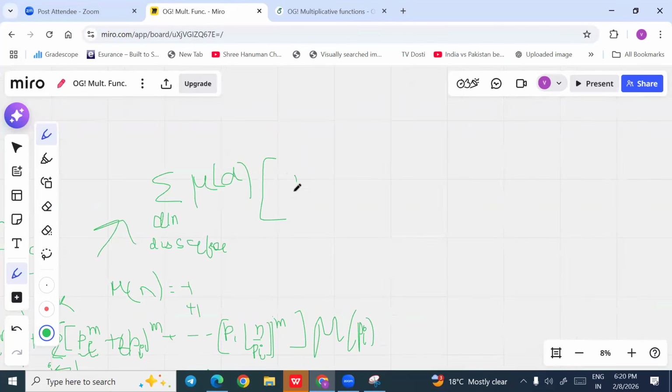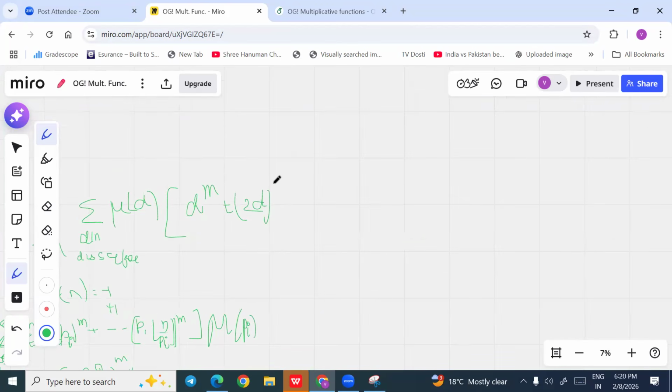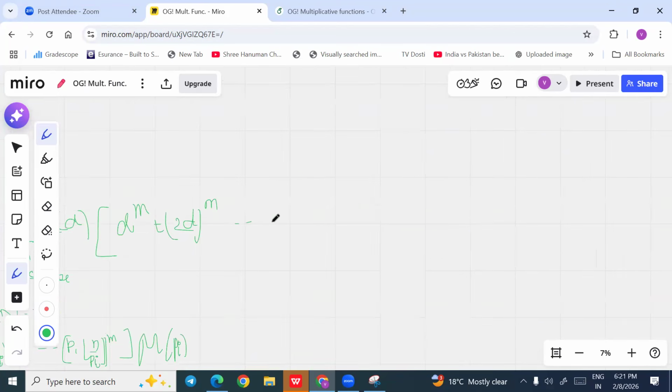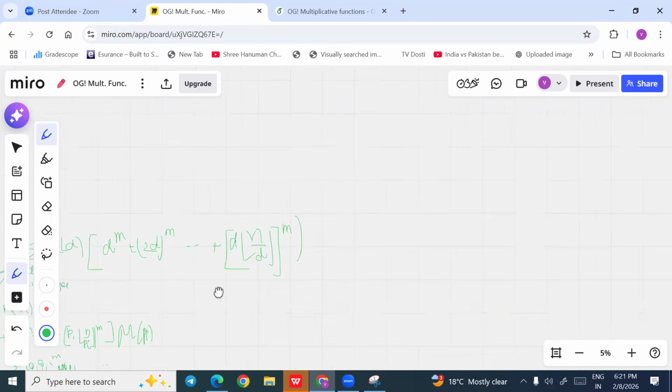Multiples of d which are less than n are just d, 2d, and so on till d times floor of n by d, and you raise this to the power m, which is very interesting.